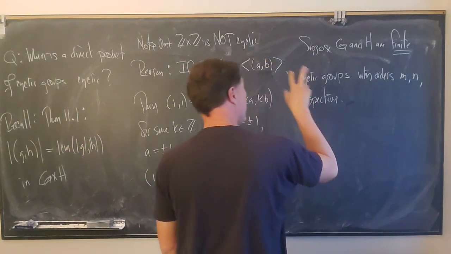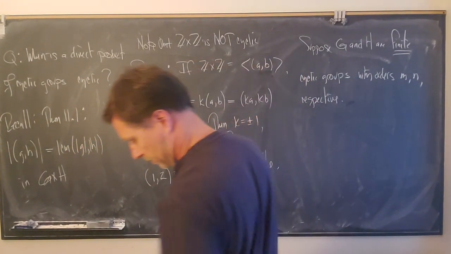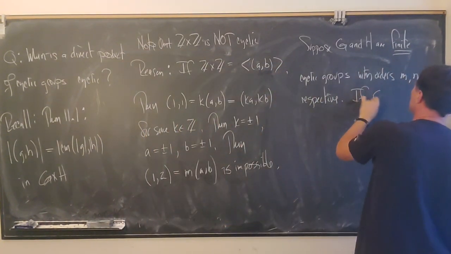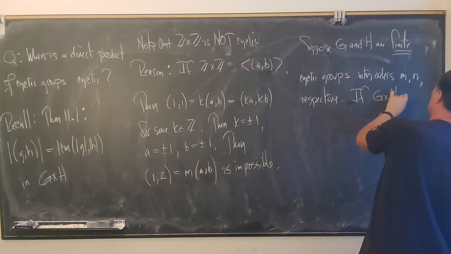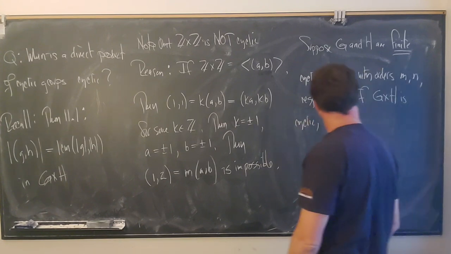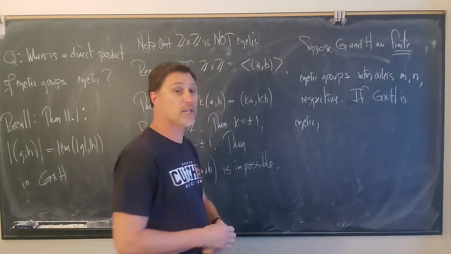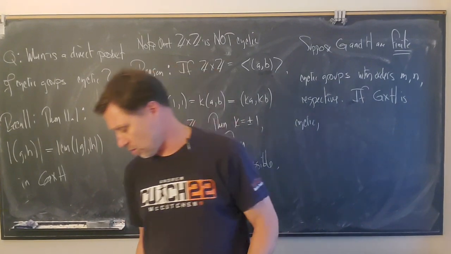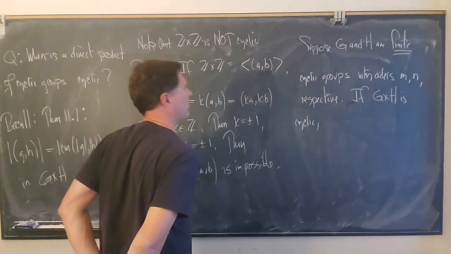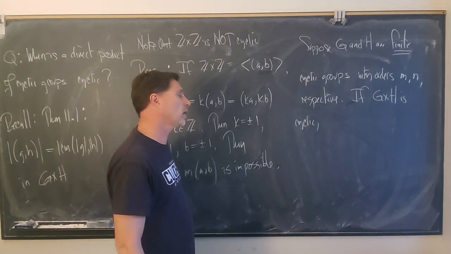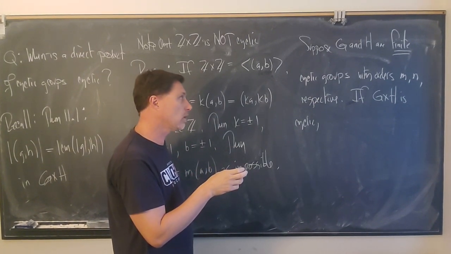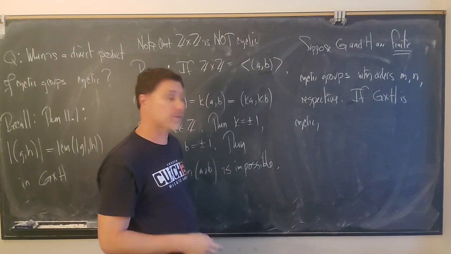Now, if G cross H is cyclic, what would that mean? Well, it would mean that G cross H has a generator. What would a generator look like? It would look like (g, h), and the order of that element would have to be the order of the entire group, which is m times n.